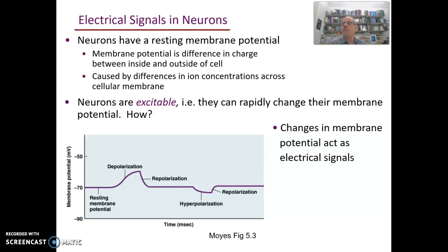The resting membrane potential is generated by the difference in charge on either side of the membrane in neurons, just like any other cell. The charge on the inside of the membrane is lower than that on the extracellular side, so this causes the membrane potential to be negative.